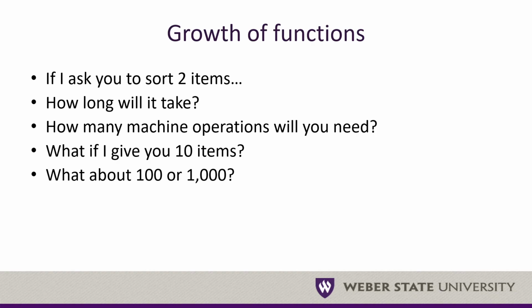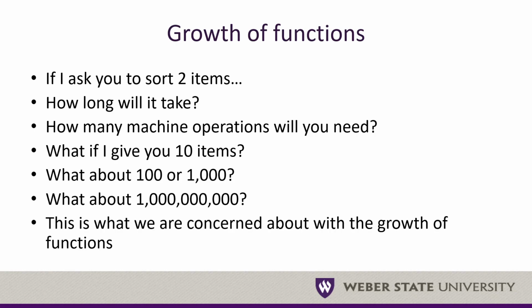If I gave you 100 or 1,000 of them, or 1 million. In fact, in 2420, I have my students do 1 million integers. They can do less if they can show a difference in the performance between some of their algorithms.